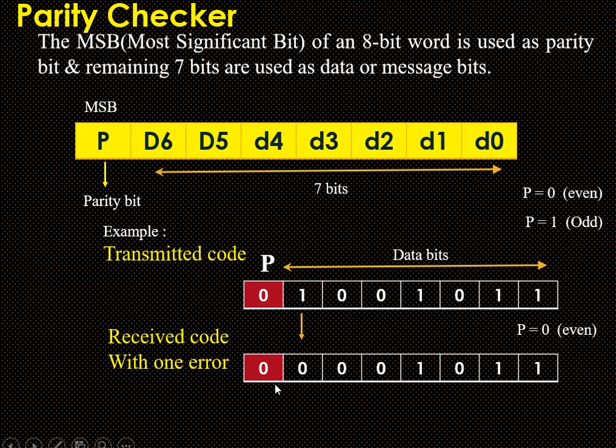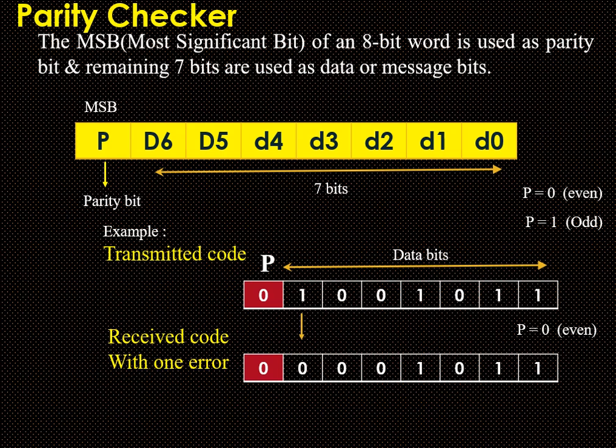So this is how we check the transmitted data and received data by using the parity checker. The simple thing is that we take the MSB as the parity bit. If there is an even number of ones, it should be 0. If there is an odd number of ones in the data bits, then it should be 1. With the help of that, we can identify whether the data we received is even or odd.